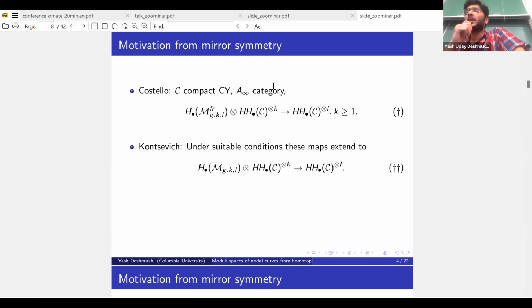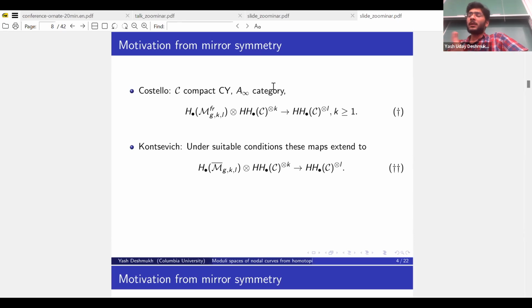Right. So Kontsevich's proposal is that when nice circumstances happen, you should be able to extend this map. And once we extend this map, we have maps parameterized by homology classes of Deligne-Mumford spaces, which give you a candidate for defining categorical enumerative invariants. That's the general idea of how the invariants are supposed to be defined.